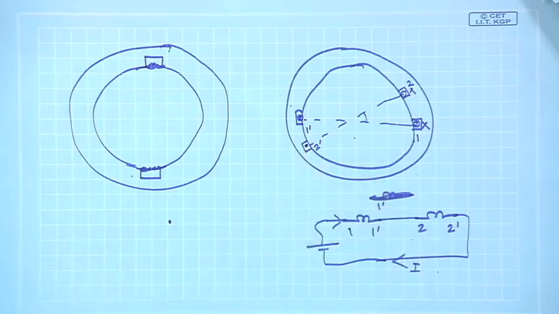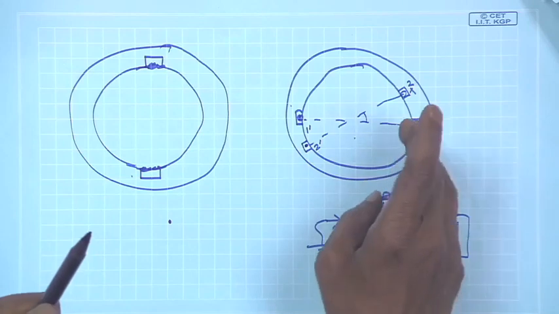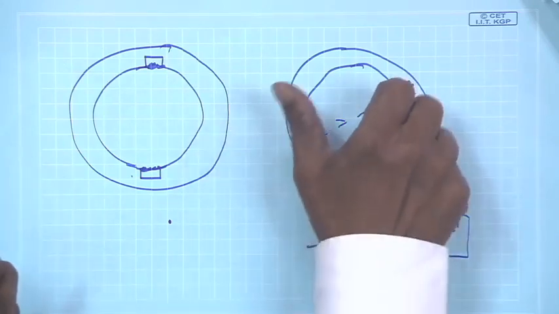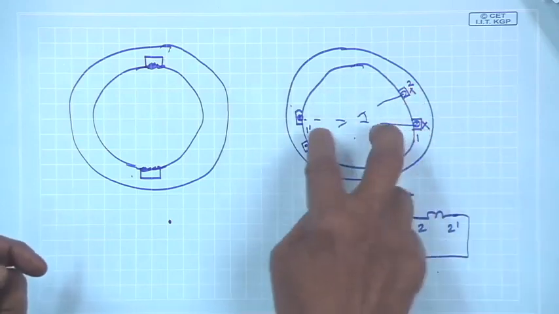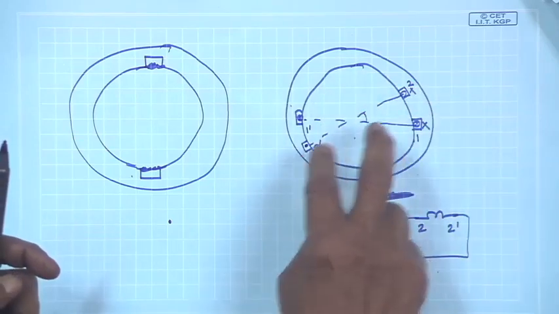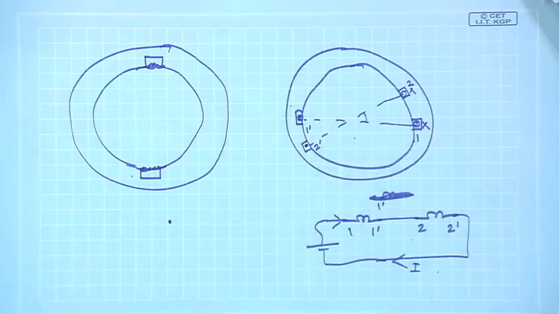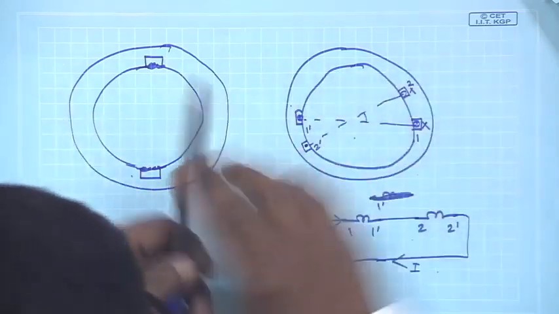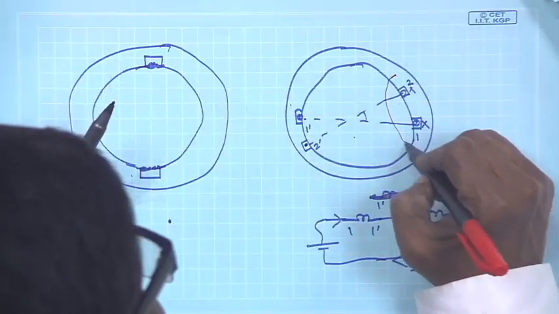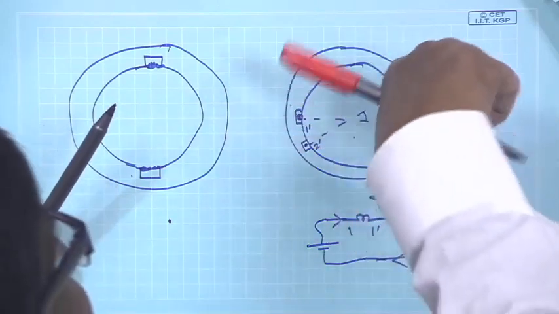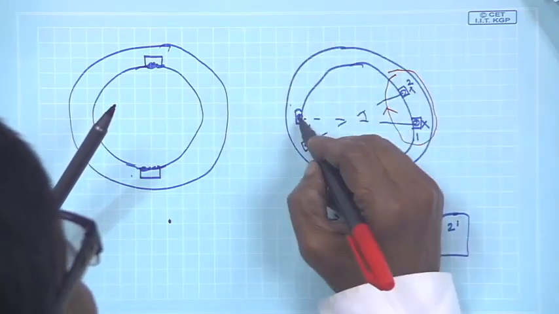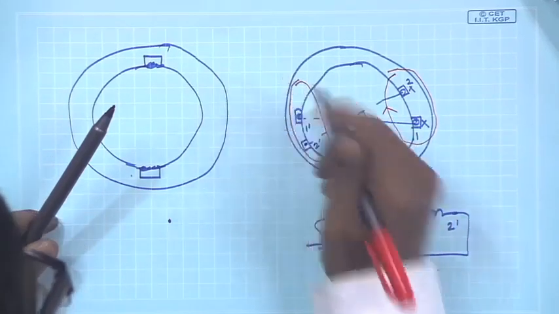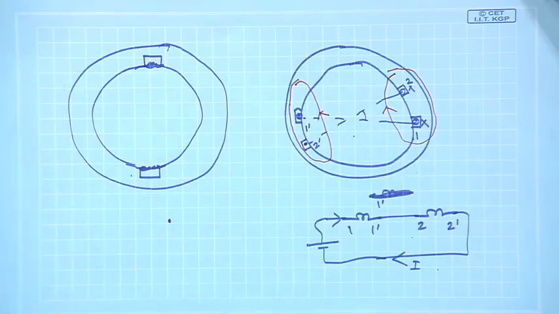Now, I last time gave you an exercise, but you see this pair of coils carrying currents in this way also produces two poles. Why? Because these two crosses can be grouped together and it will produce lines of force like this, and these two dots can be grouped together and this will also produce lines of force like this.